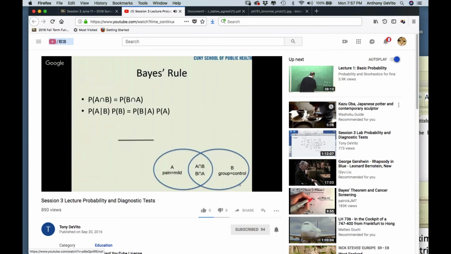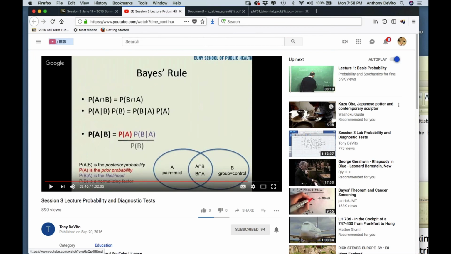Then we use that equation from the previous page to expand this out, written in these 2 ways, as conditional probabilities. We just substitute what we had in that other formula before, divided by the probability of B, and we have here Bayes' rule.